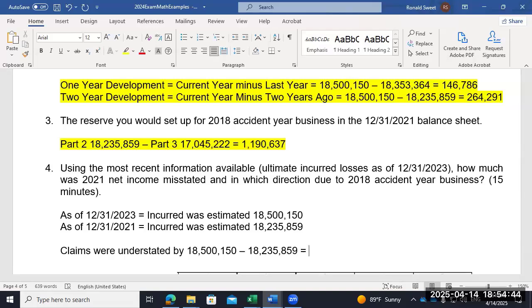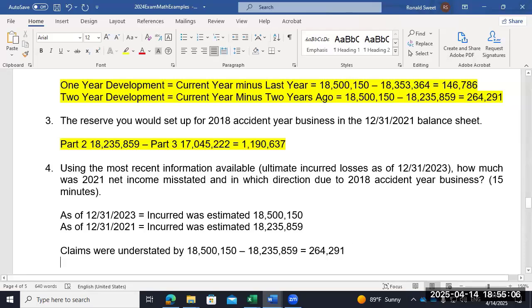I think we already did that number, right? 264,291. Is that the same number we just did up here? So if they had known in 2021 what the actuaries knew in 2023, they would have set up an additional 264,291 in claims, and our net income would have been lower. Whatever you say here, you say the opposite for net income.